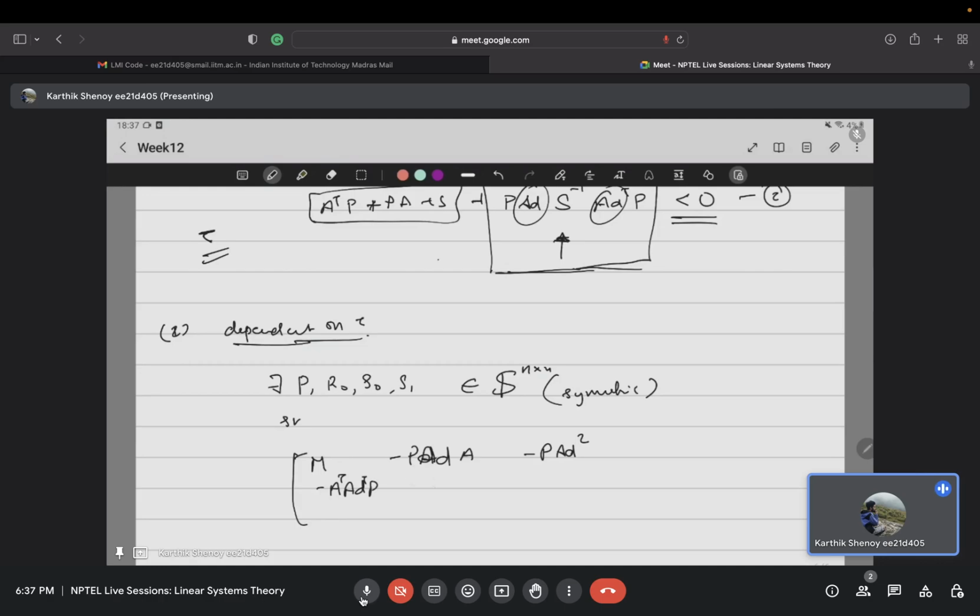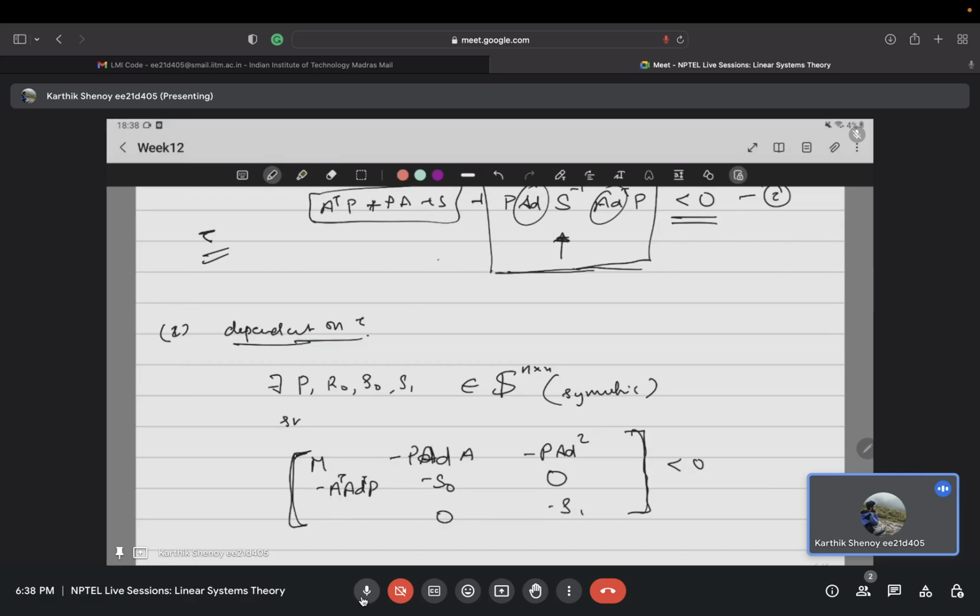All of these are symmetric, that's why you can directly write less than 0. Usually you write negative definite for symmetric matrices only, because their eigenvalues are purely real.